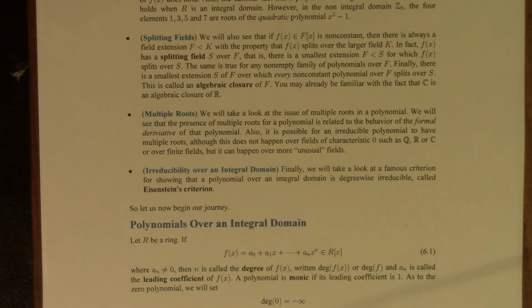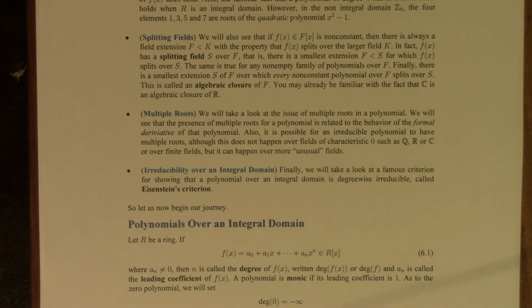This might seem a little strange too. It doesn't happen very often. That is to say, it doesn't happen over fields of characteristic 0, rationals, reals, complex, or over finite fields. But it can happen over more unusual fields, which we will have to discuss at the appropriate time.